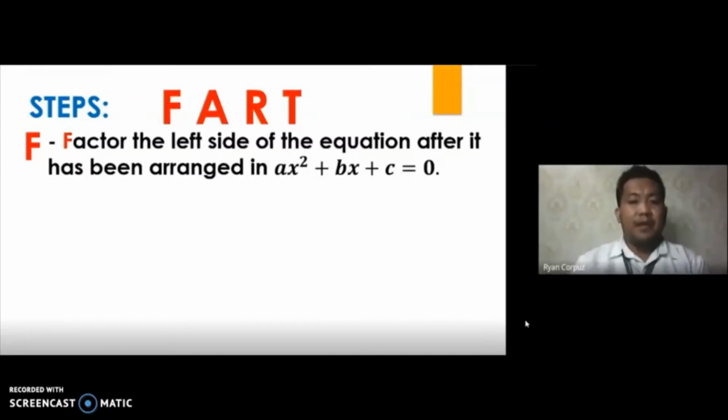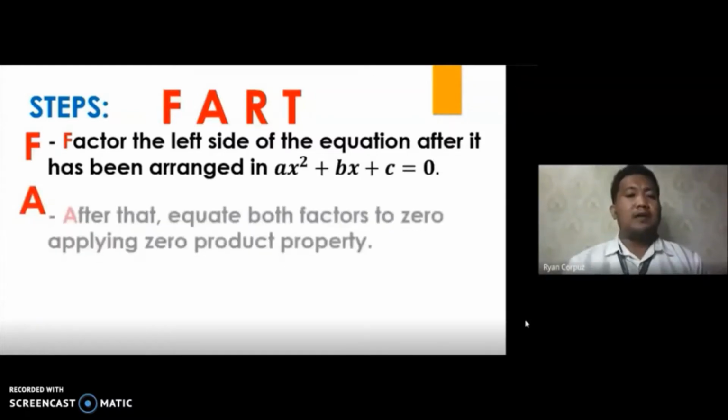It's a must in solving quadratic equation, when you're going to use factoring, your quadratic equation should be arranged in the general form, which is ax squared plus bx plus c equal to 0. So after you arrange that equation in the general form, the next step will follow.